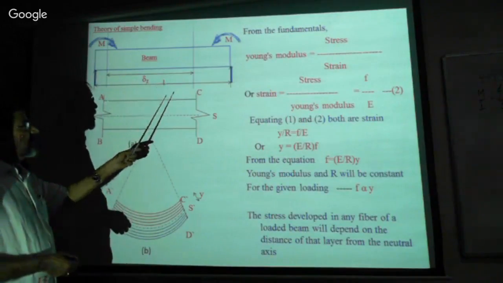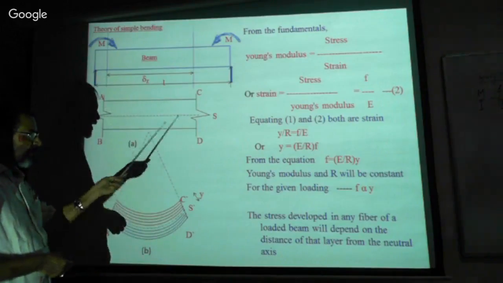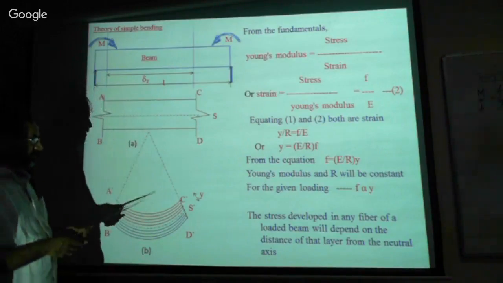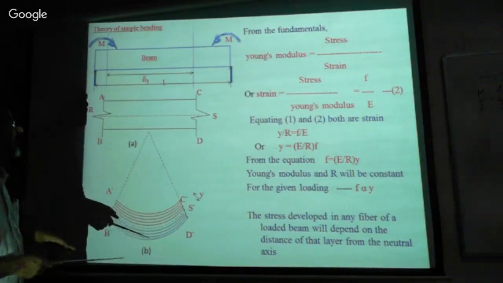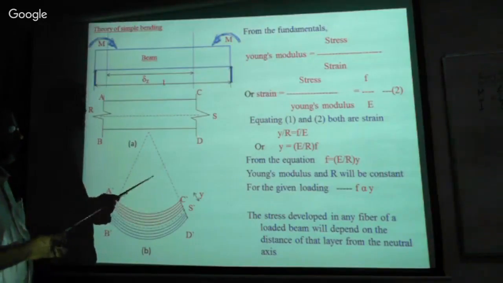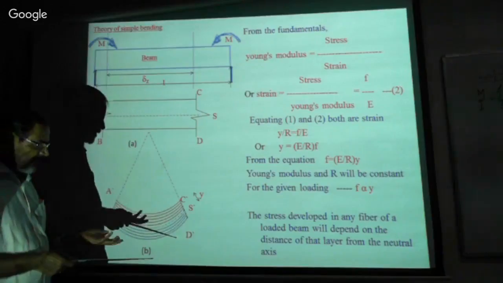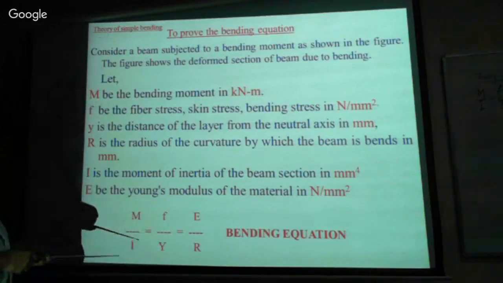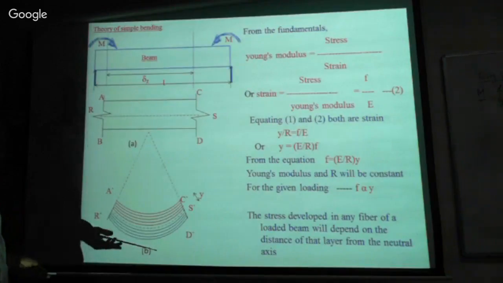This is the continuation, how to derive the bending equation. You can find out how to get that equation. Already we have discussed this.